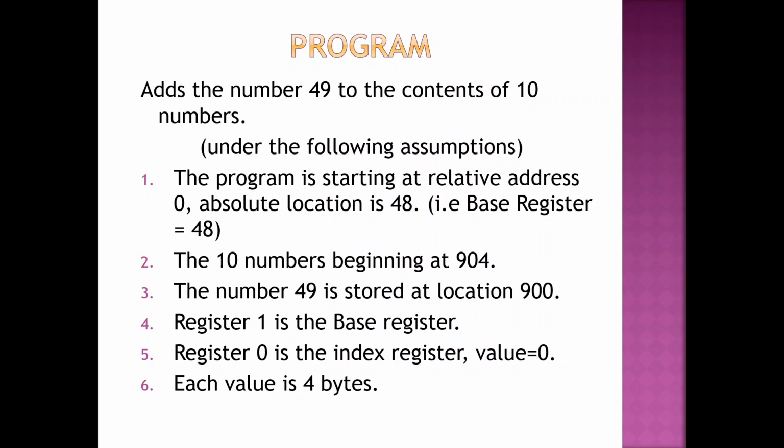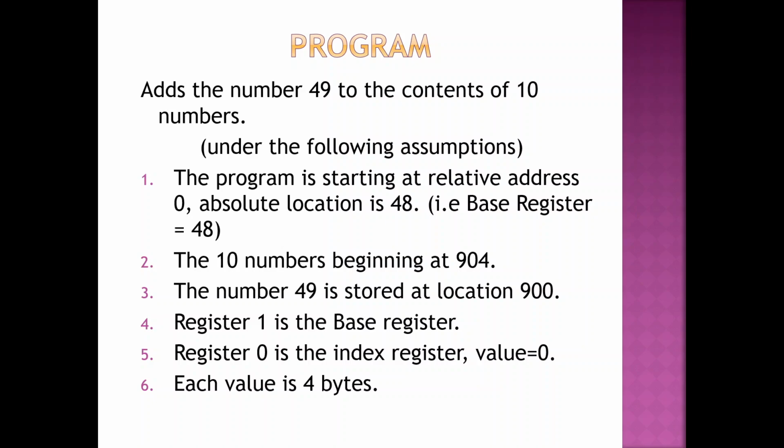Let me break it down like this. Let us say there is an array which has 10 consecutive values. We don't have array concepts here, it is just 10 memory locations, but let us say the array is A of 1 to A of 10. Already there will be a value stored in A of 1. My program should add 49 to the existing value.